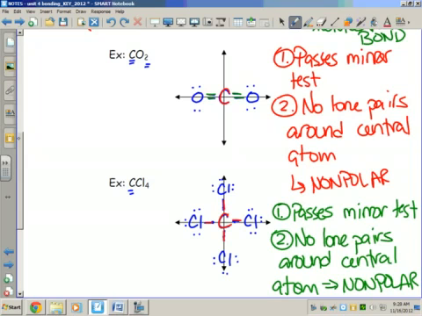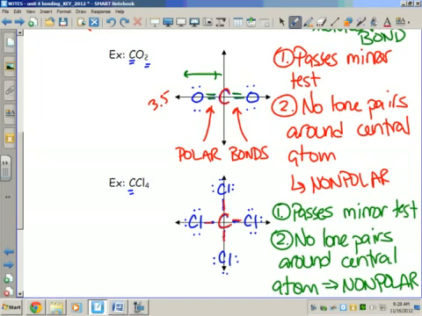But this, or these, I should say, are polar bonds. Despite the fact that we have 2 sets of polar bonds, the reason this ends up being a nonpolar molecule is because when we draw what we call the dipoles, oxygen has an electronegativity of 3.5.